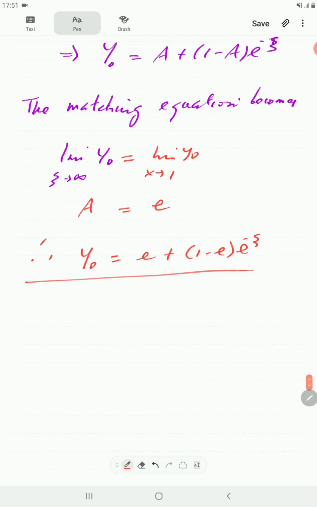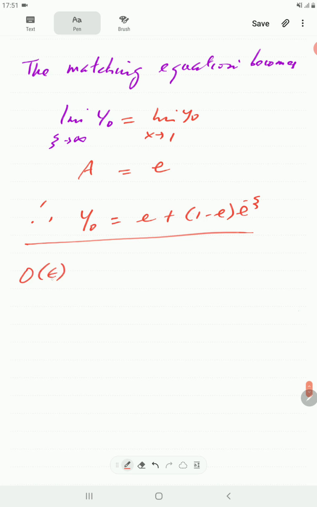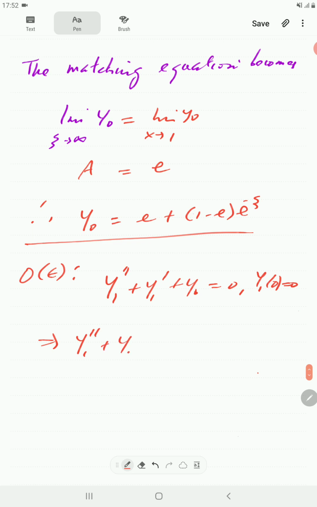Now we go to order epsilon, then the equation we're going to have is y1 double prime plus y1 prime plus y0 equals to 0. y1 at 0 is going to be equal to 0. Substituting y naught, this is going to give us this equation here, e minus 1 to the minus xi minus e.